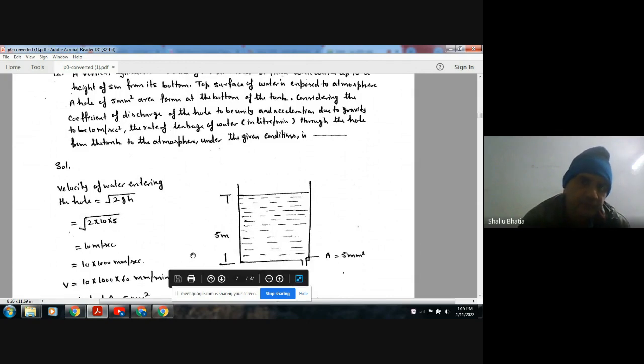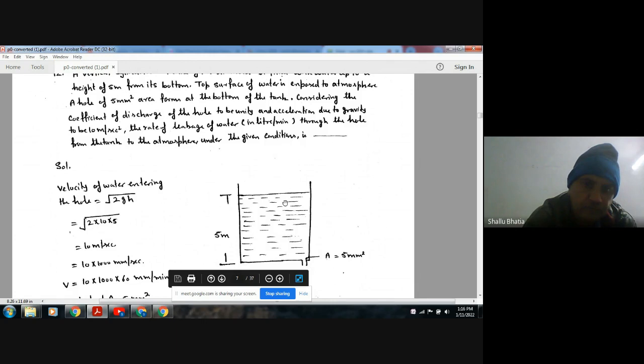Consider the coefficient of discharge of the hole to be unity and acceleration due to gravity to be 10 meter per second square. The rate of leakage of water in meter per minute through the hole from the tank to the atmosphere under the given condition is. So this is your tank. The height is 5 meters and this area is 5 mm square.